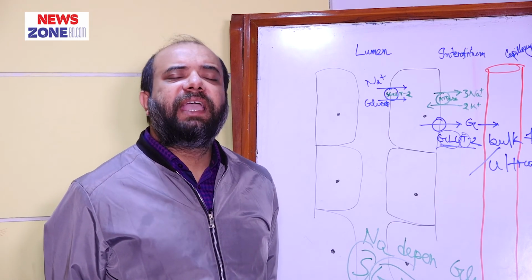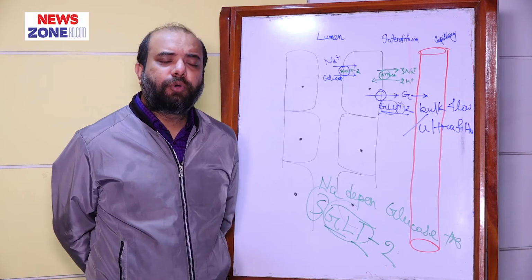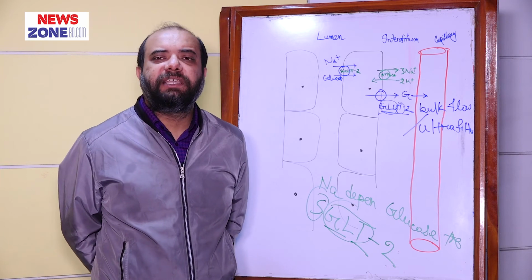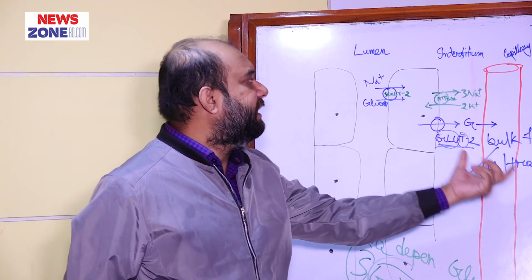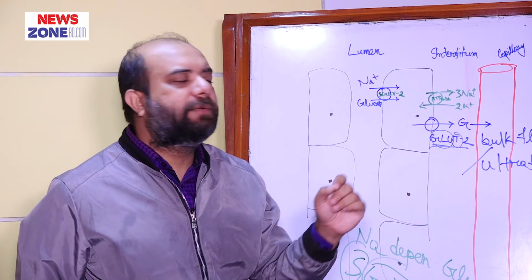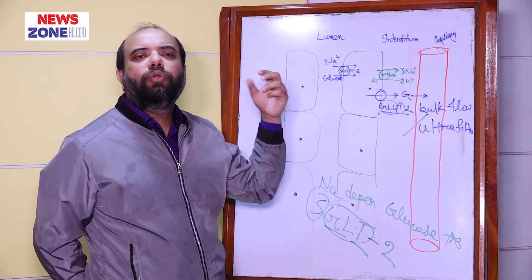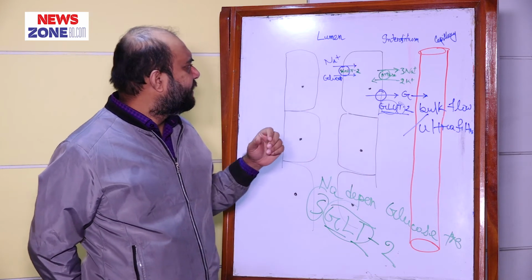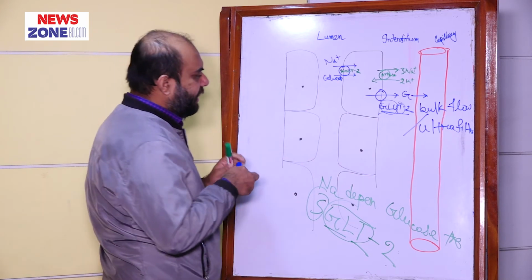There is another transportation process of sodium ion from the PCT into the capillary, that is sodium amino acid cotransport. It is very similar to this mechanism, so we don't have to discuss it elaborately. I will draw it.